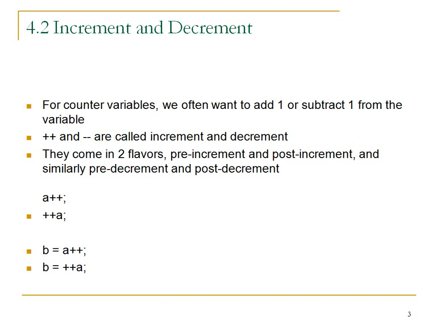And if we write b gets plus plus a, that's a pre-increment, and we're going to add 1 to the variable a, and then use that new value in the rest of the statement. So a post increment and a pre-increment, and there's a similar one for decrement. So there's an a minus minus, or whatever your variable is that you want to subtract 1 from.